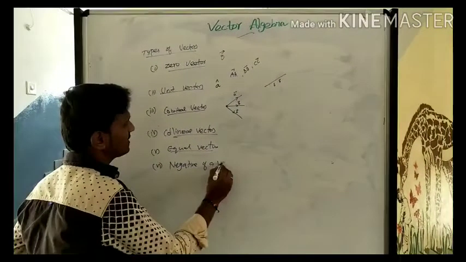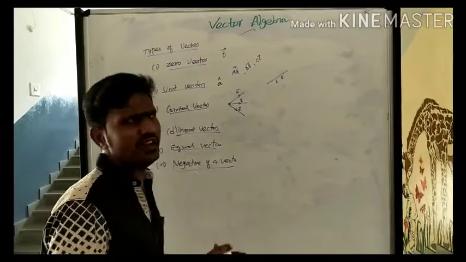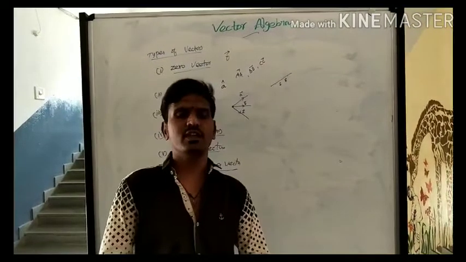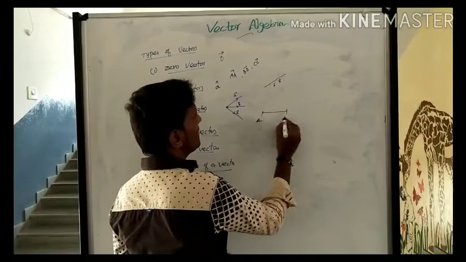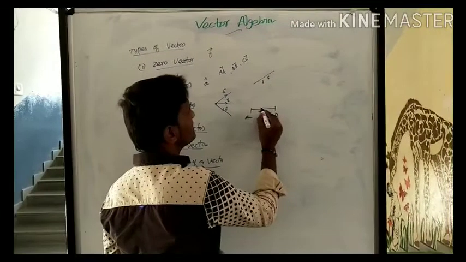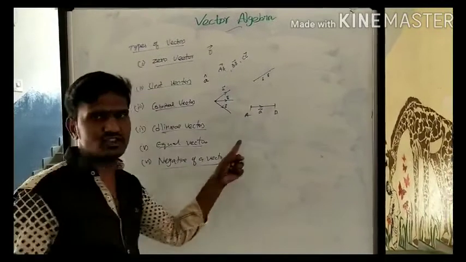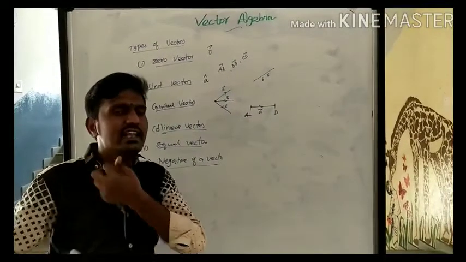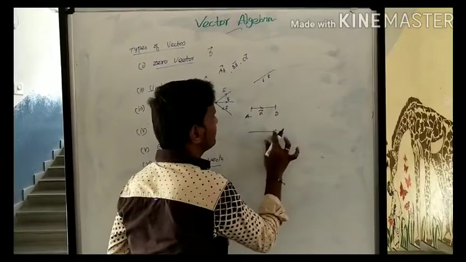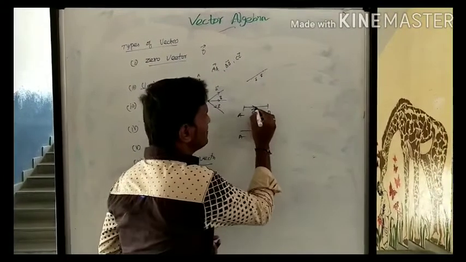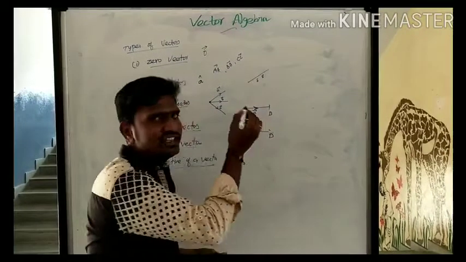Negative of a vector is not a very big thing. It is very simple. On the given vector, see, this is A, this is B. This vector is A vector. Negative means its direction is changed, this direction which is opposite to that side.